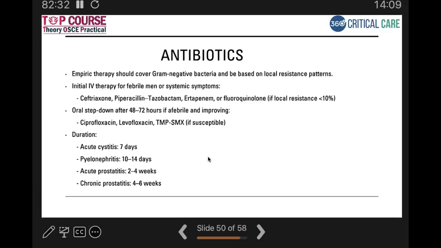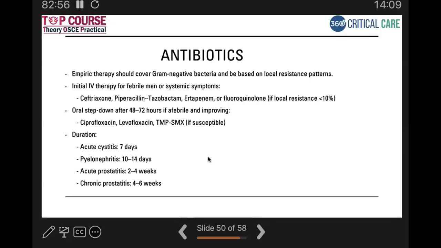And once you start IV therapy, if the patient is responding well and remains afebrile for 48 to 72 hours, then you can switch to oral therapy. But you have to continue for at least 14 days. When it comes to pyelonephritis, you have to continue for 2 to 4 weeks when it comes to prostatitis. And if it is chronic prostatitis, you have to continue even for 6 weeks.